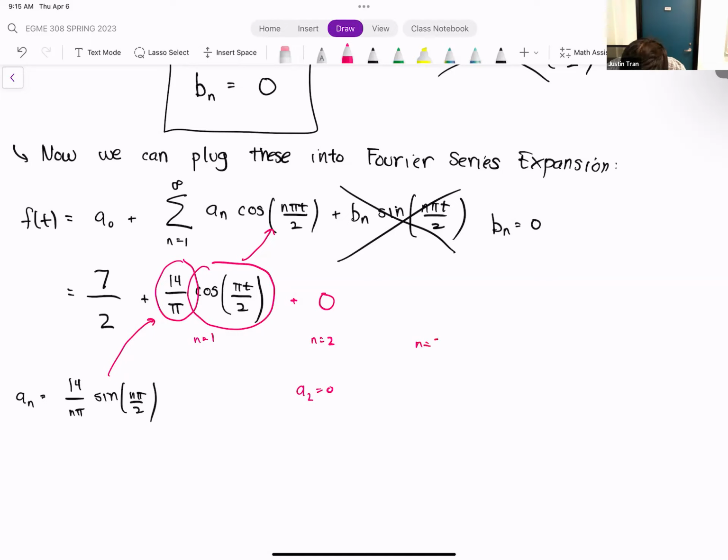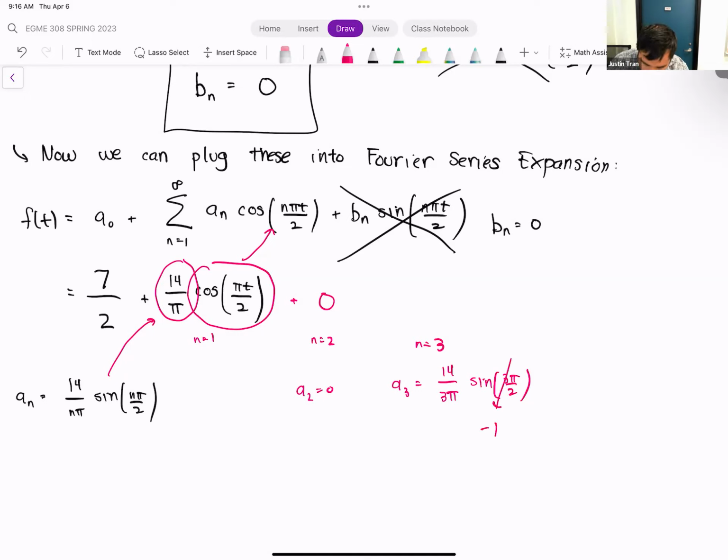Okay, so now let's write our n is equal to 3 term, and then we'll stop. For n is equal to 3, our coefficient a3 is equal to 14 over 3 pi times sine of 3 pi over 2, where the sine of 3 pi over 2 we know is -1.